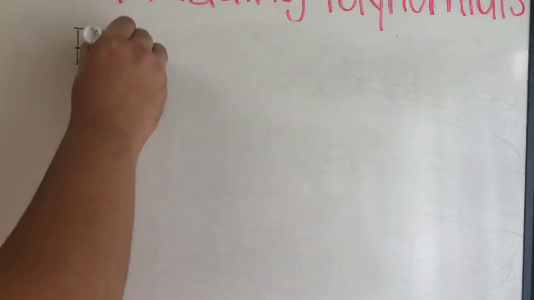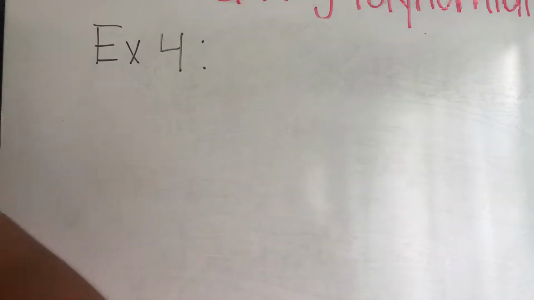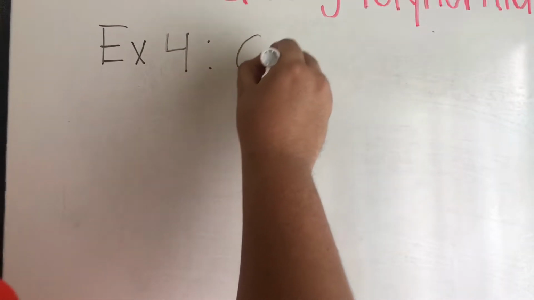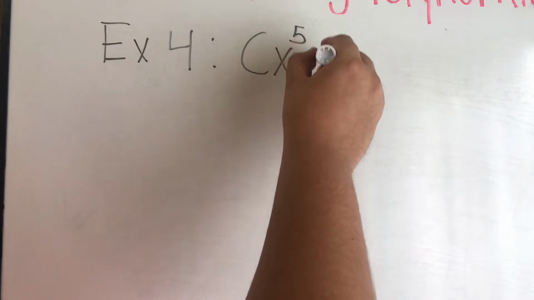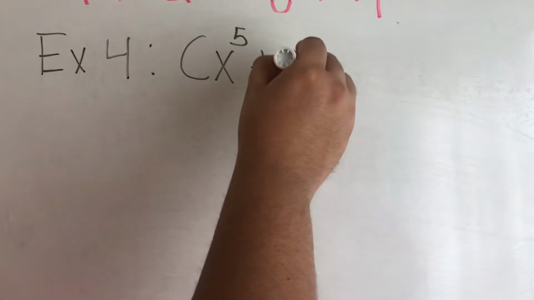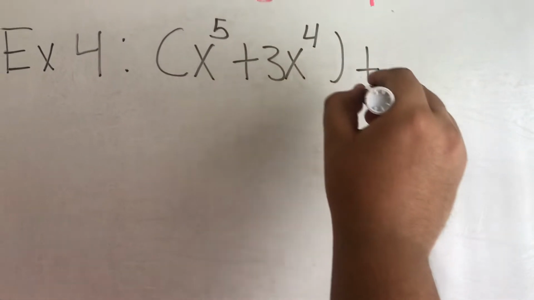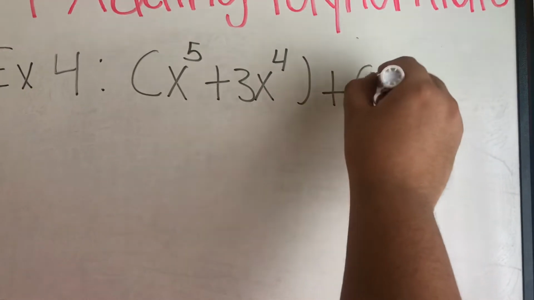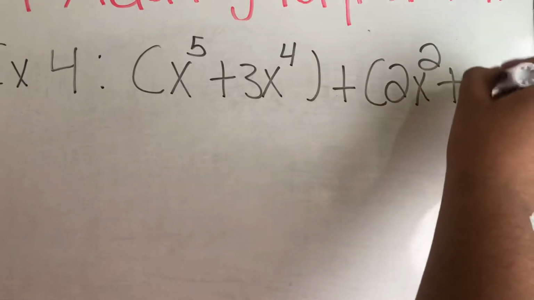Example problem number 4. On example problem number 4, we're going to have x to the power of 5 plus 3x to the power of 4 plus 2x squared plus x.